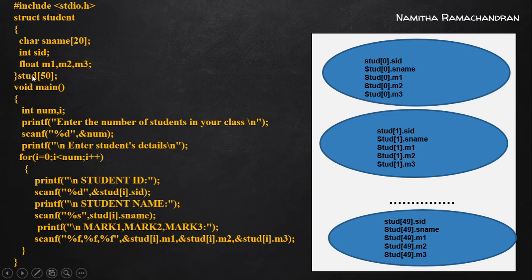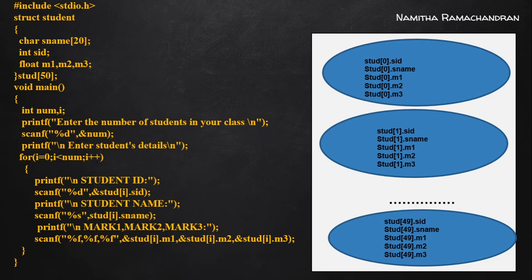So this is the syntax for declaring multiple structure variables in a single step. Stud of 50 indicates 50 different structure variables. Those 50 different structure variables actually represent a group of memory allocations. So a total of 50 such memory allocations are needed.